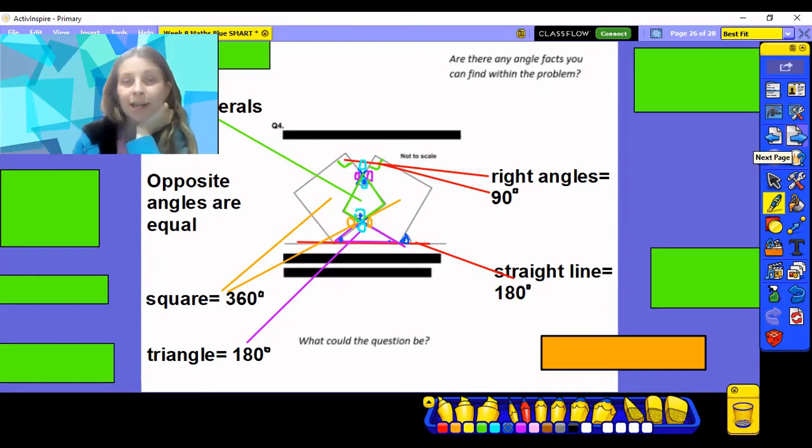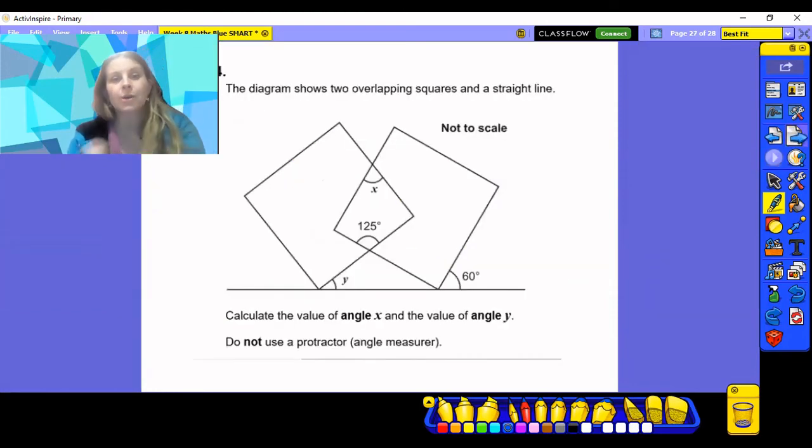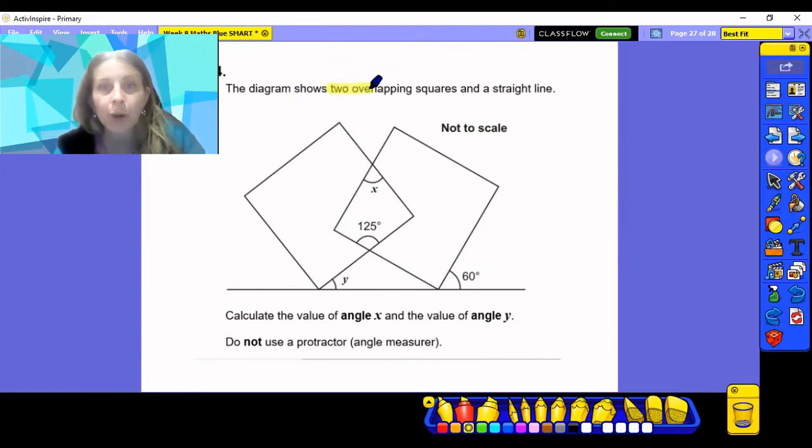Some of the information, however, is not there and is needed to be able to complete any of these missing angle questions. So here is, in fact, some of the information we're given. It says, as you can see, that this shows two overlapping squares and a straight line.